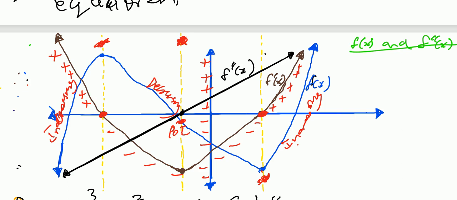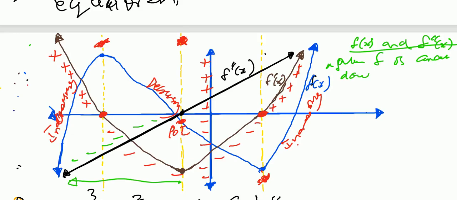You can just say when your f of x is concave down, your graph is negative. Remember I said from the point of inflection going to the left, your graph is concave down, and we can see our straight line is negative. When f is concave down, f prime prime x is negative.